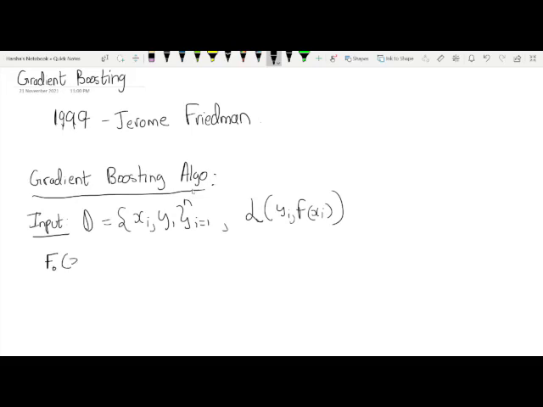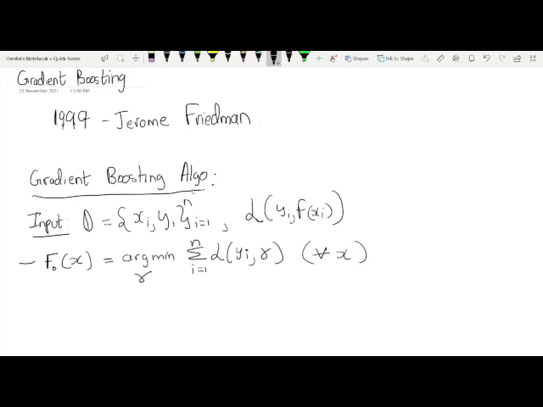We'll let f naught be the base learner, where f naught of x equals arg min over gamma of the summation from i equals 1 to n of L of yi and gamma.